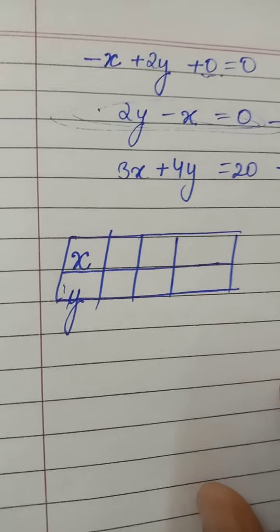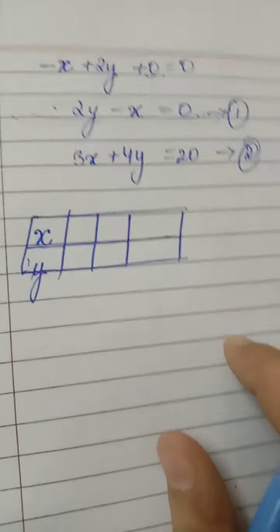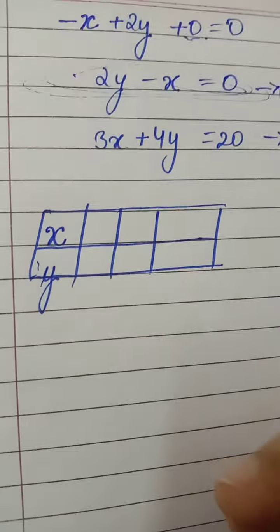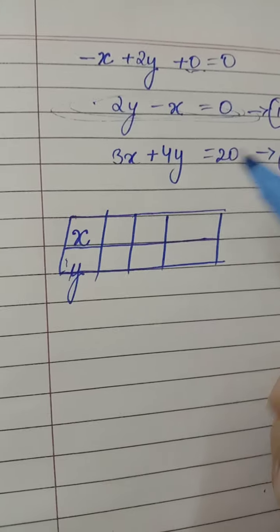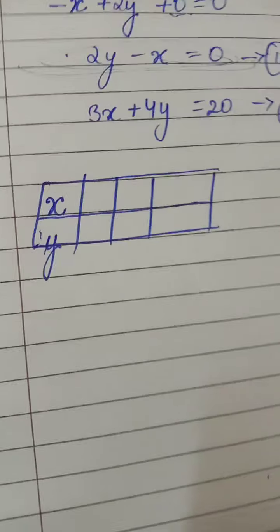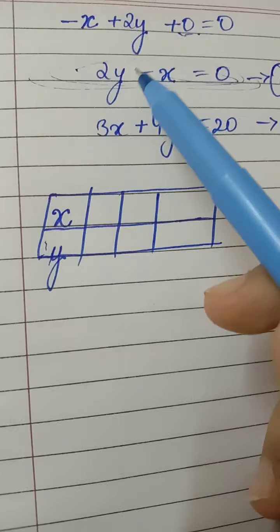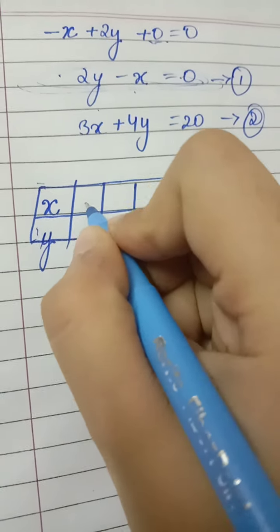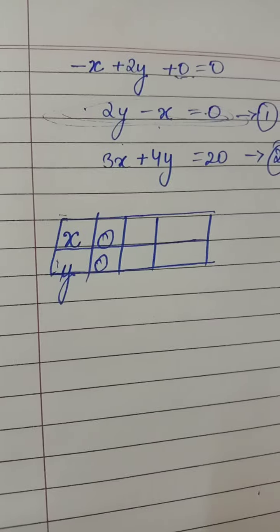So 2y minus x will have the solutions. Let us take x as 0. So 2y minus 0 is equal to 0, 2y is equal to 0, then y is also 0. So x is 0, y is 0.